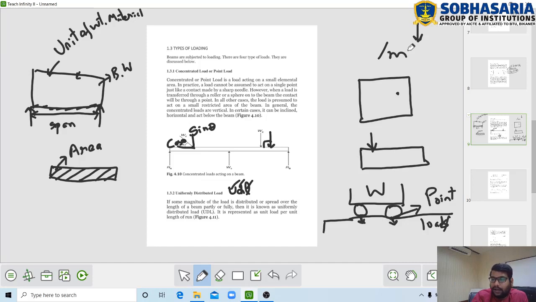We will see how a UDL can be converted into a point load.